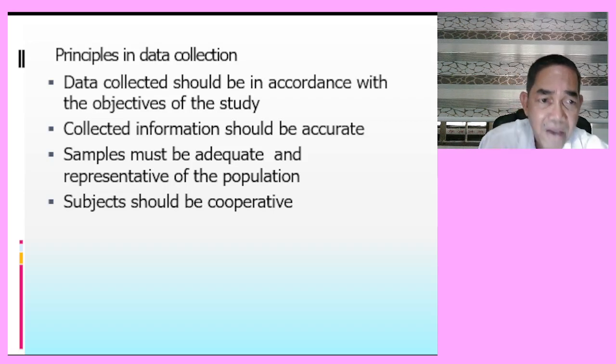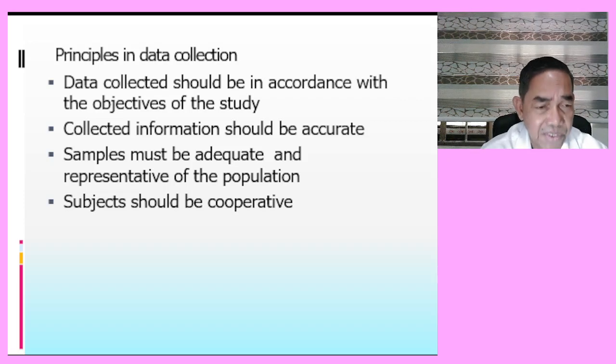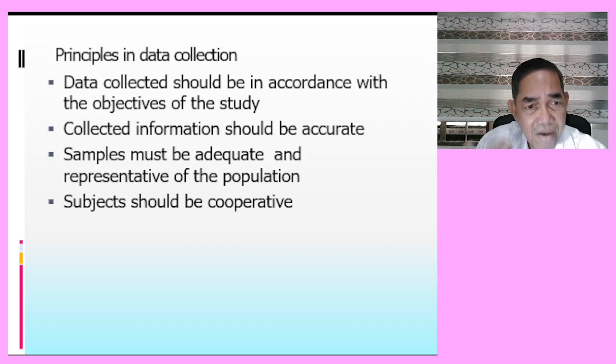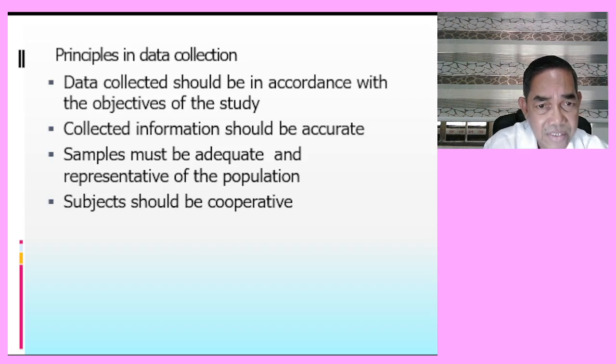You only collect the data that will answer the objective of the study. And the collected information should be accurate. You must understand that when we collect the data, it should be accurate. And later on, we'll be talking of qualities of the data to be collected.